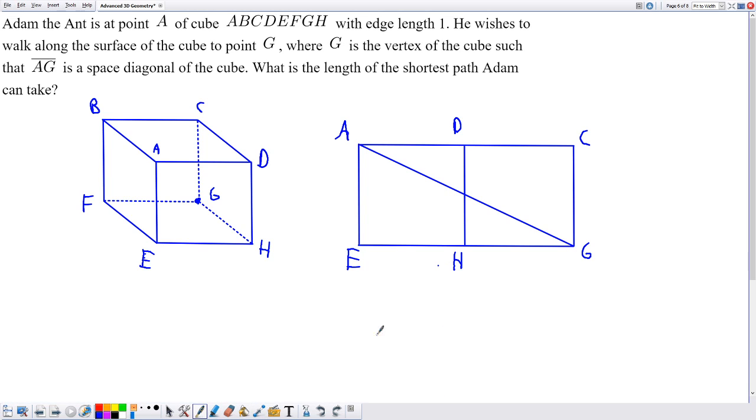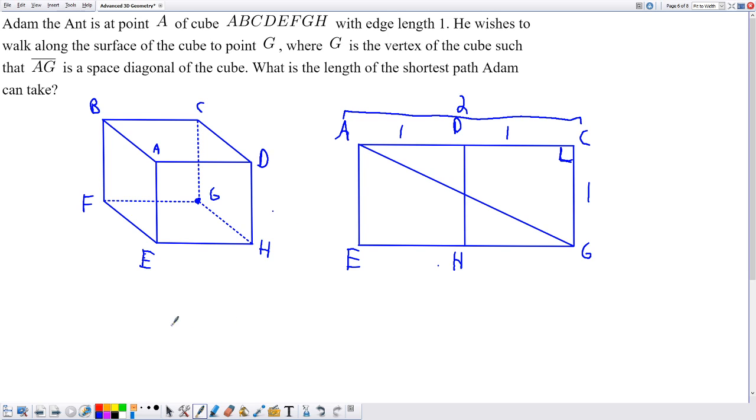So, in fact, I want to find out what this diagonal, AG, is. Well, let's think about what's going on. The edge lengths of the cube are 1, which means that AD is 1, DC is 1, CG is 1, which means that AC has a combined length of 2. Well, now, since we know it's a cube, this is a 90-degree angle because the surface is a square. Now we have a simple Pythagorean theorem problem.